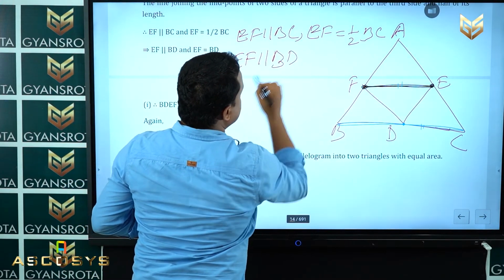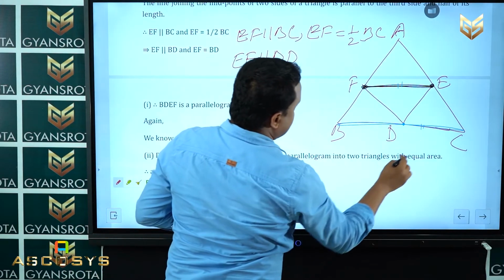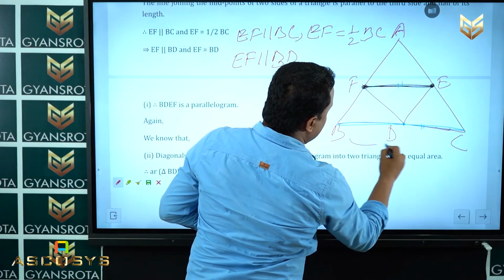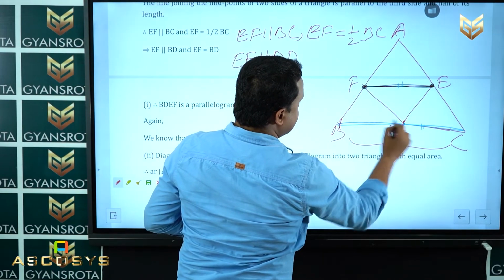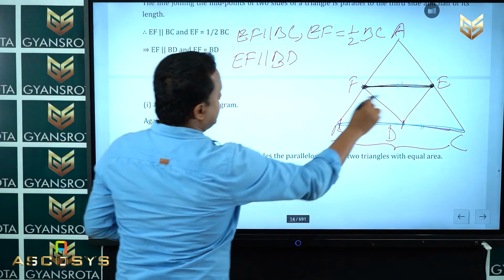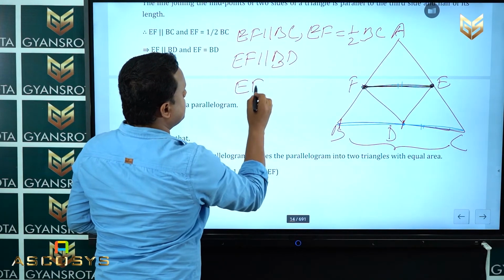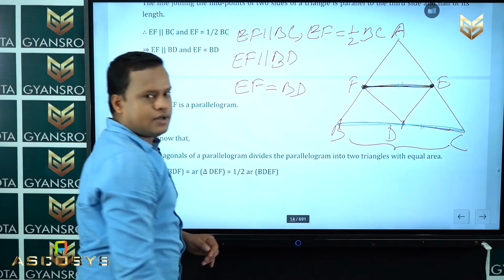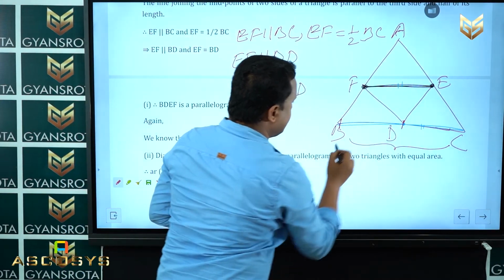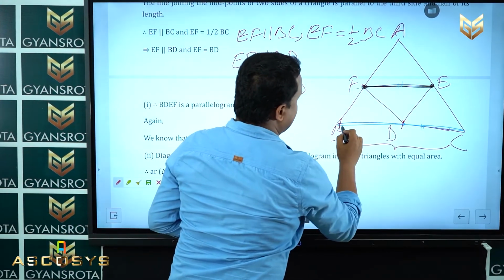And half of BC equals BD, since D is the midpoint. So, we can write EF equals BD. So, EF is equal to BD and EF is parallel to BD.